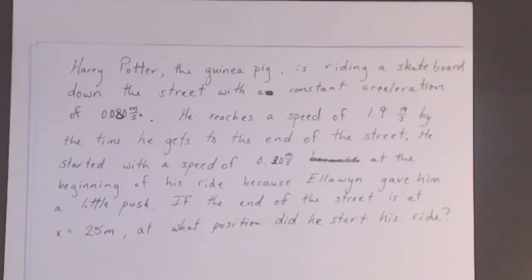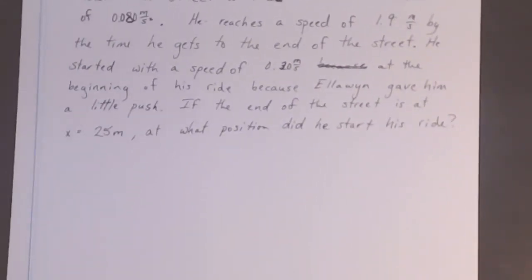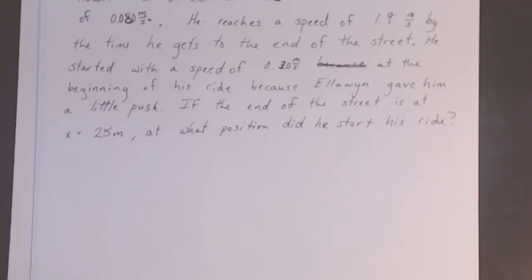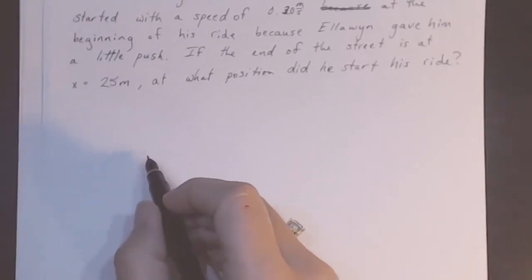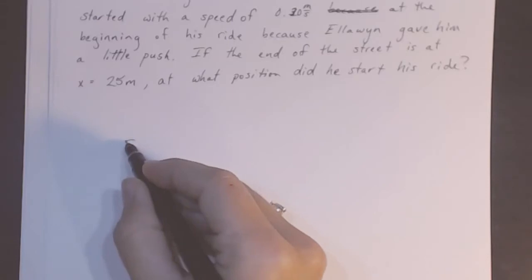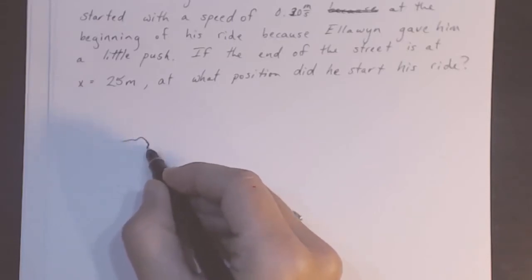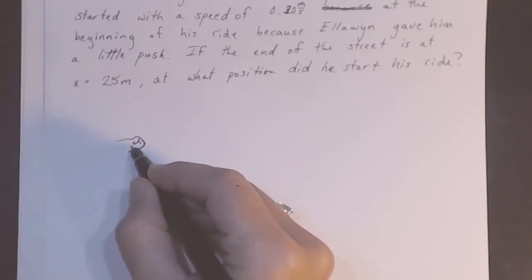First thing you want to do is start visualizing. You've got your little mental video of what's happening. You can even start drawing at this point the different aspects of that video. So if I've got my Harry Potter, I'm going to have him going to the right. So I've got Harry Potter here. There he is. And he's very hairy.